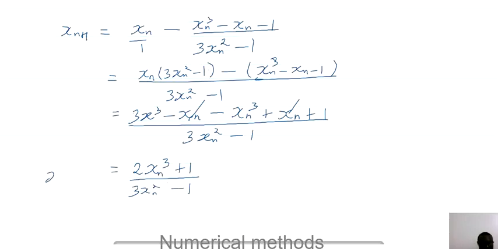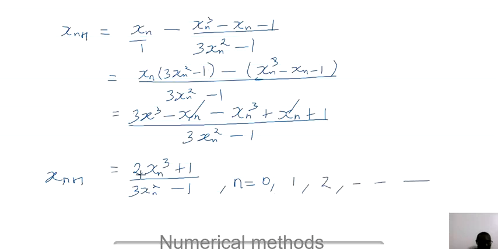So this is x_(n+1). So this is the expression that we can be using to find the better approximation for the root of the equation, where n is equal to 0, 1, 2, and they continue.